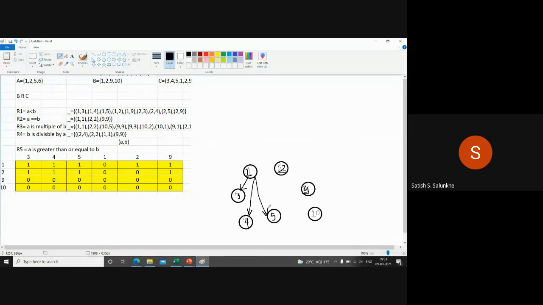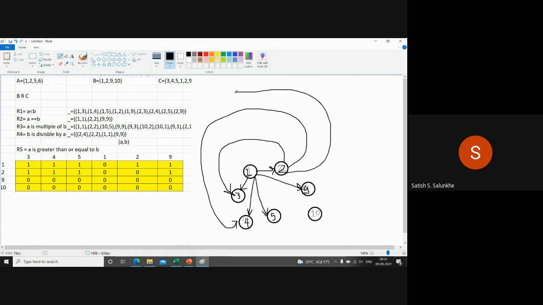then 1 comma 2, then 1 comma 9, and then 2 comma 3, 2 comma 4, 2 comma 5, 2 comma 9.